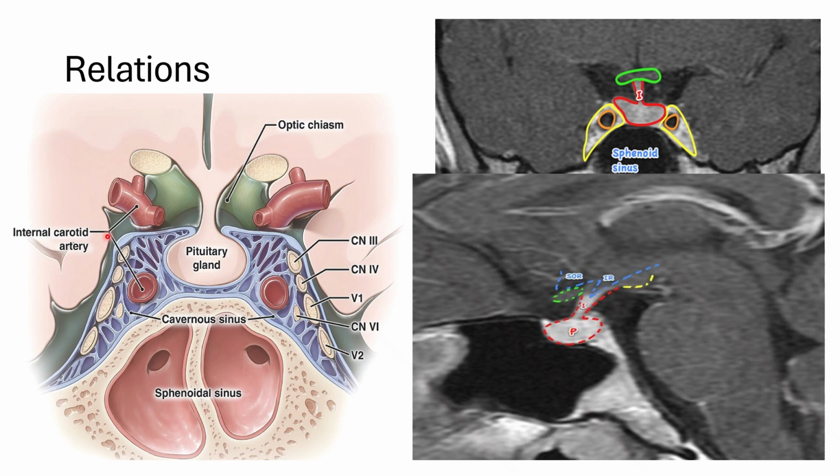Posteriorly are the dorsum sellae and clivus, and then the basilar artery and brainstem; anteriorly the tuberculum sellae and sphenoid sinus, and inferiorly the sphenoid sinus. So these are the relations of the sella turcica or pituitary gland, and these are normal; pathology in this region can also affect the sella turcica.